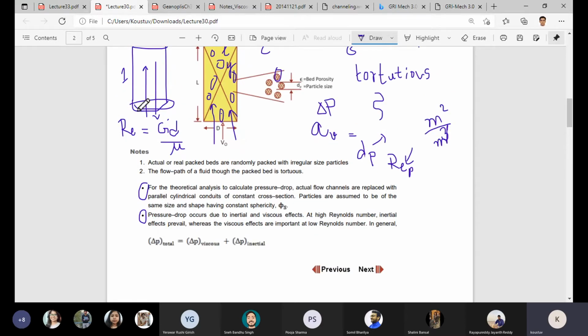Now we all know the Hagen-Poiseuille equation for pipe flow of uniform cross section. There we derived the expressions starting from the Navier-Stokes equations, or you can consider the momentum balance over a small volume element, and derive the pressure drop as a function of pipe diameter.